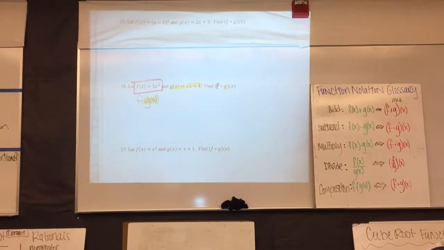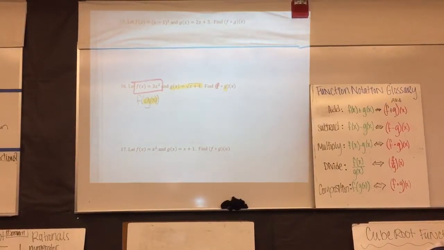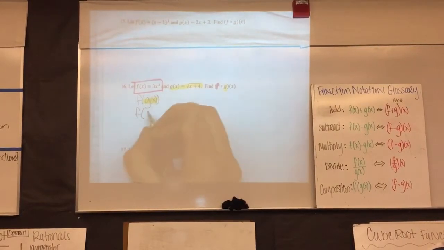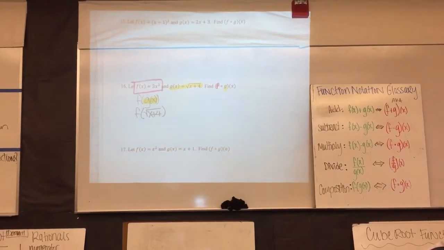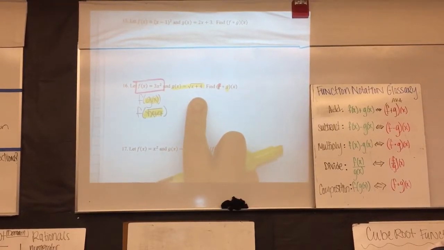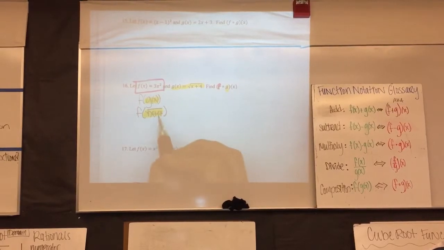Well, we know what g is. G is the square root of x plus 4. So I'm going to put that in this place, just using direct substitution. And this came from this part up here that was given. Now I can interpret this as, in the function of f, I'm going to put this square root of x plus 4 wherever I see an x.